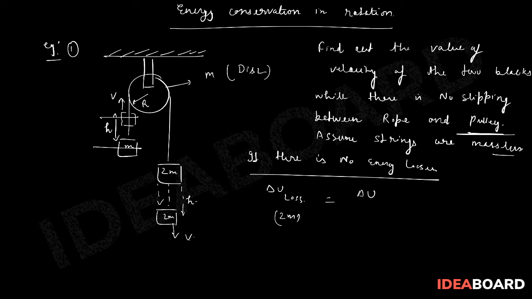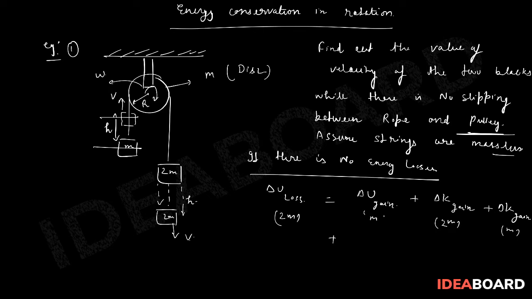That means delta U gain for mass m plus delta K gain for mass 2m plus delta K gain for mass m plus further anything is also happening that this pulley will also rotate with certain angular velocity omega, okay.